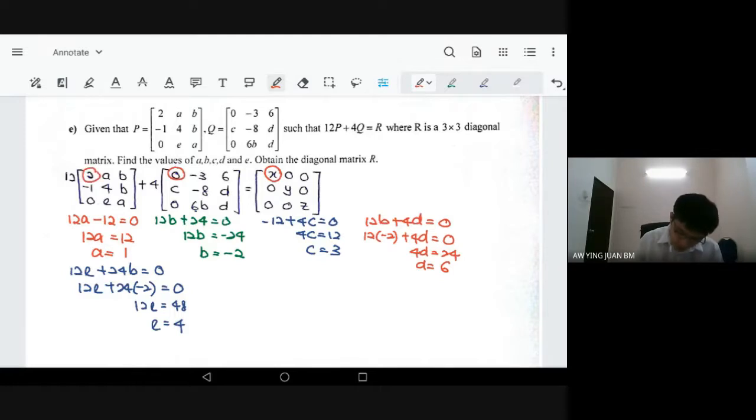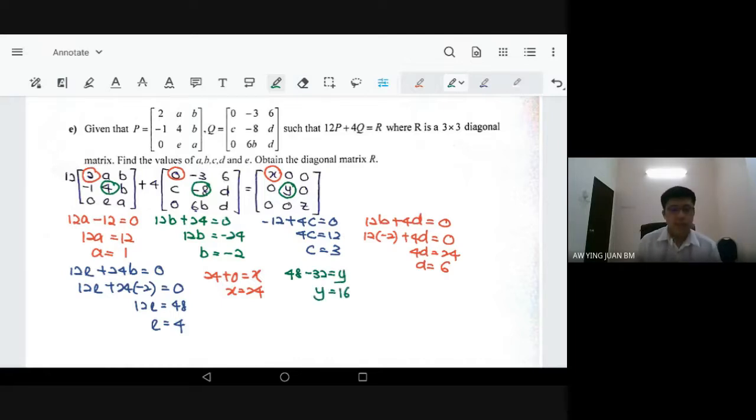So we have 24 plus with 0 is equals to X. So X is equals to 24. Next is to find the Y. So the Y in here, we have A22. So we will have 48 minus 32 is equals to Y. So Y is equals to 16.